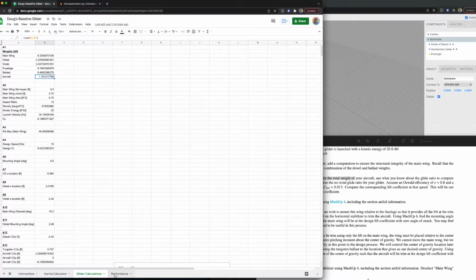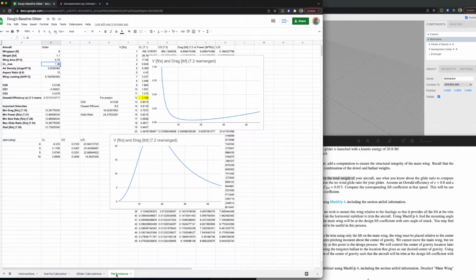So I've added another performance tab here, and in this performance tab I'm just looking at some predictions for performance of this aircraft. Okay, so this is the baseline glider. The total wingspan is 9, and I've just hard coded these in. So it's 9, weight of 1.1 pounds.